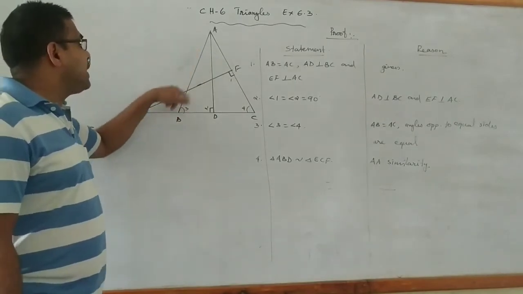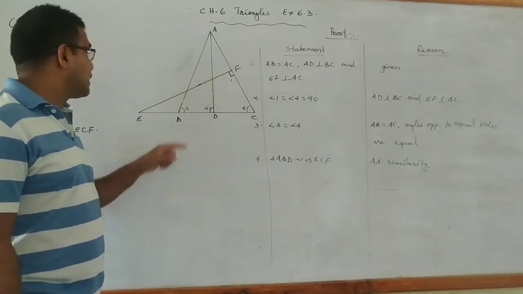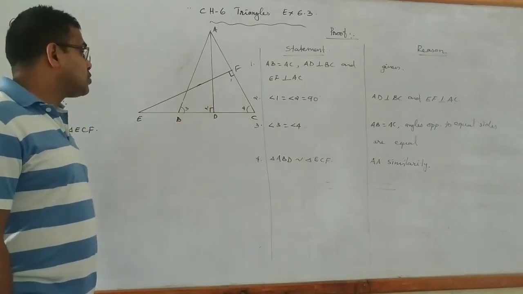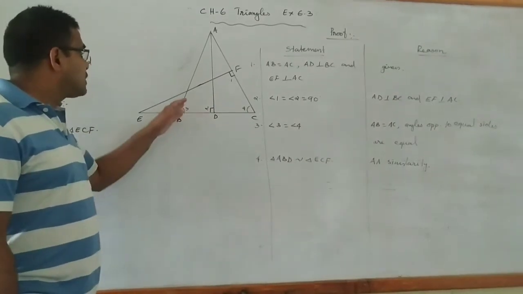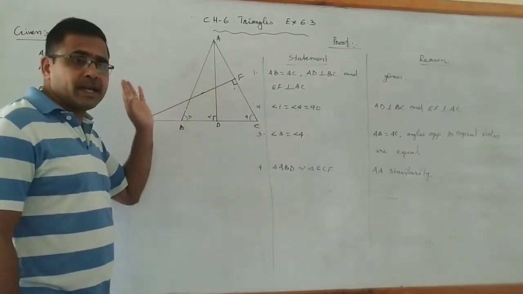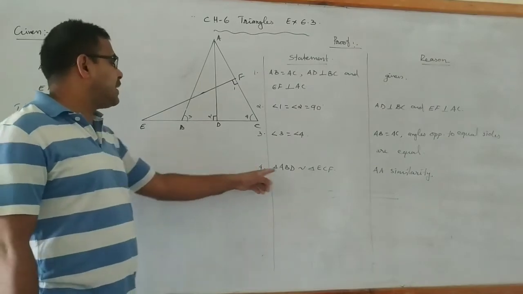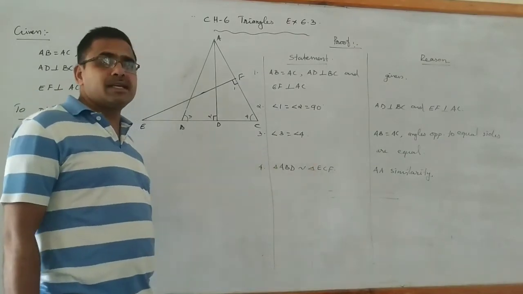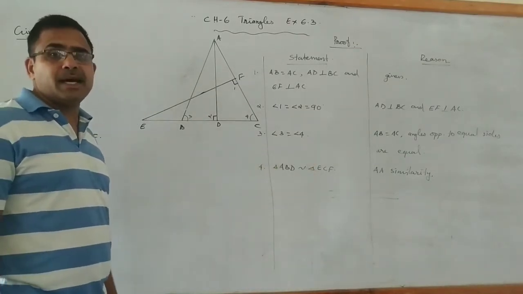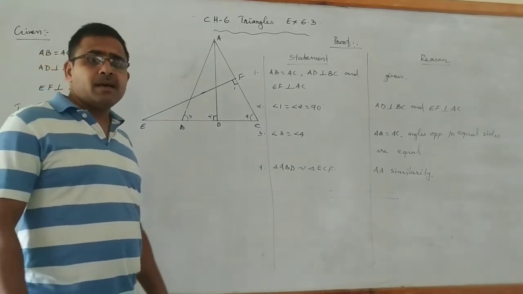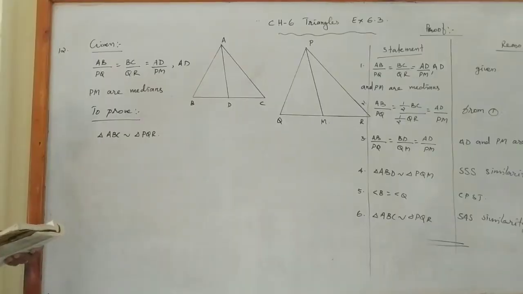AB and AC are already equal, given. So angle 3 and angle 4 are equal because angles opposite to equal sides are equal. Now you see, in both these triangles two pairs of angles are equal, as we proved. Therefore we can say triangle ABD is similar to triangle ECF by AA similarity. This way we prove this question. These two triangles are similar by AA similarity.